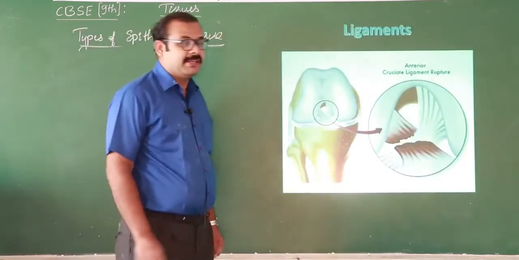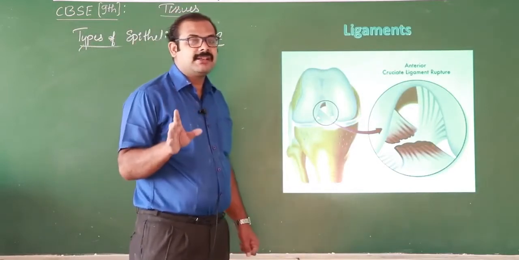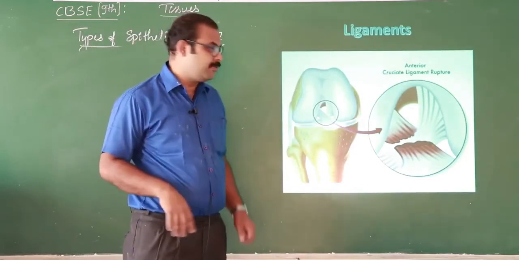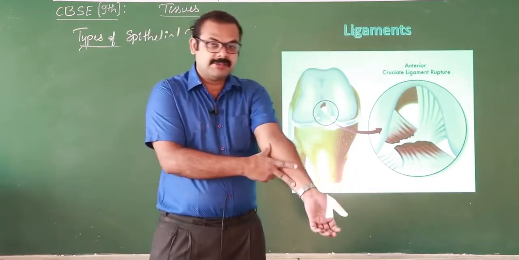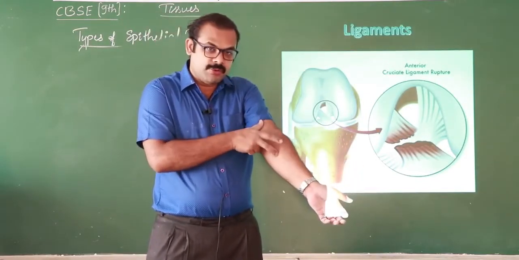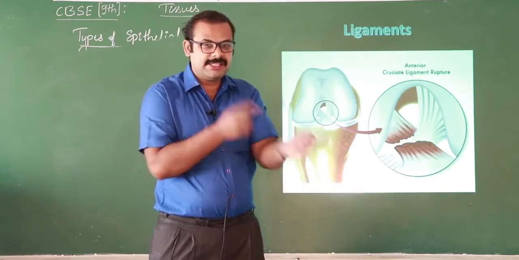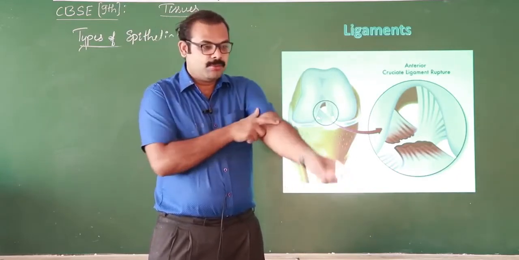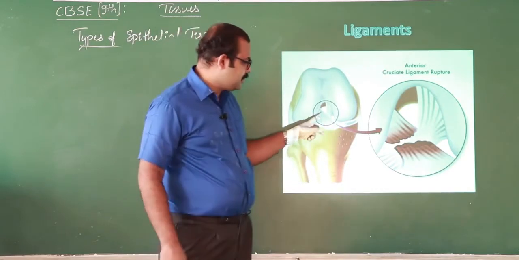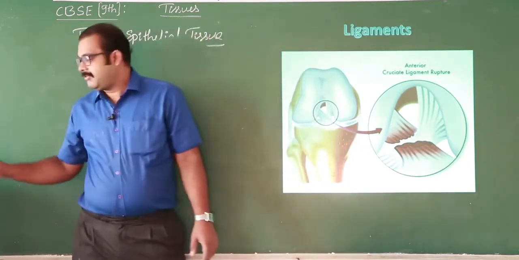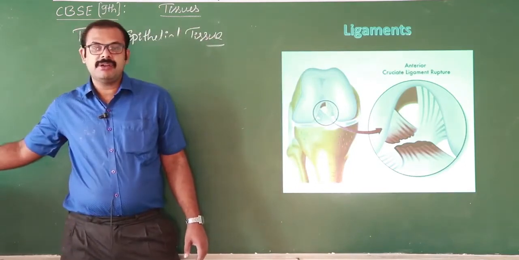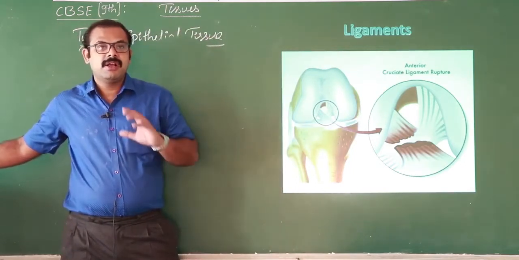Then coming to ligaments. Ligaments are connective tissue that connect two different bones. Say this is one part of the bone, and this is another part of the bone. These two bones are connected with the help of a ligament, just like a hook. They connect both the bones. If the ligament is cut, it is very difficult to move the body parts.